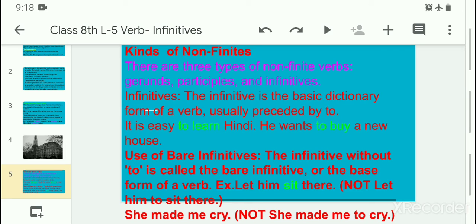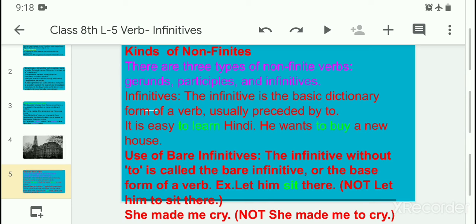So today in this video we will discuss the infinitives only. So what are the infinitives? Infinitive is the basic dictionary form of verb. This is the basic form of verb, usually preceded by to. Here we use the preposition to with the main verb.